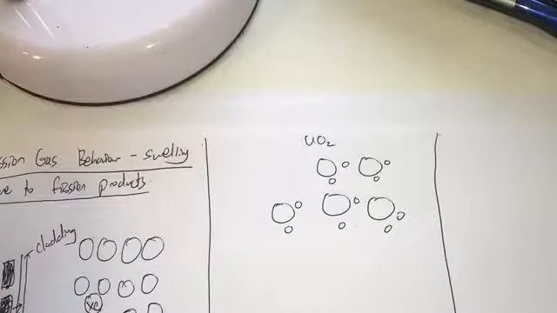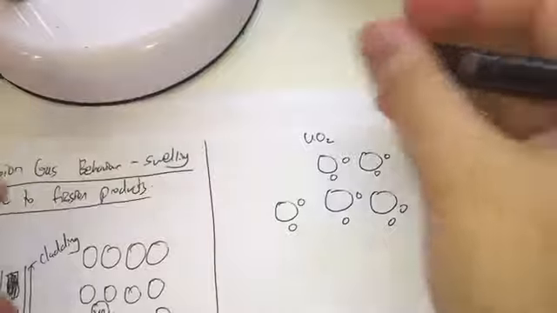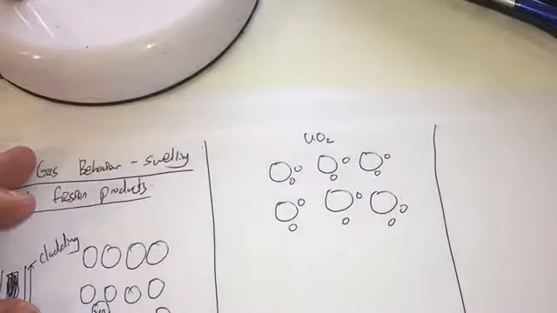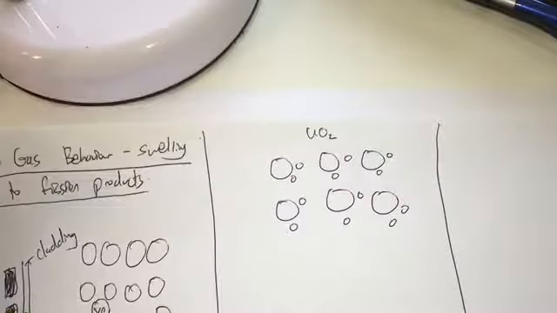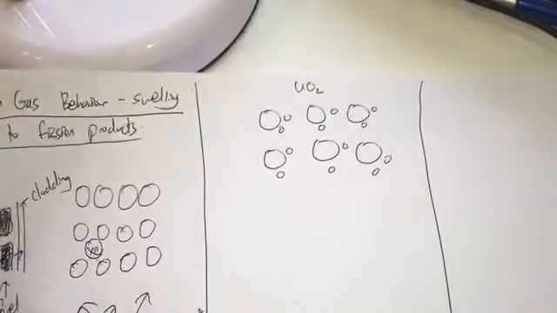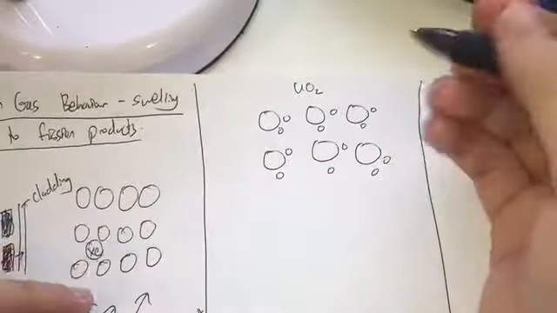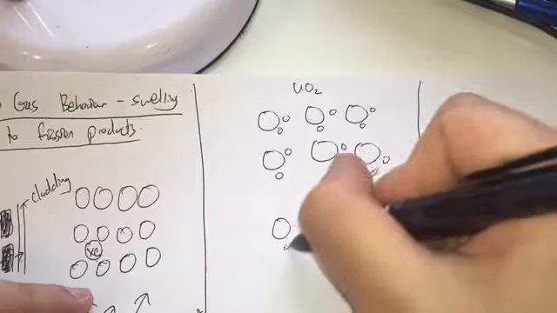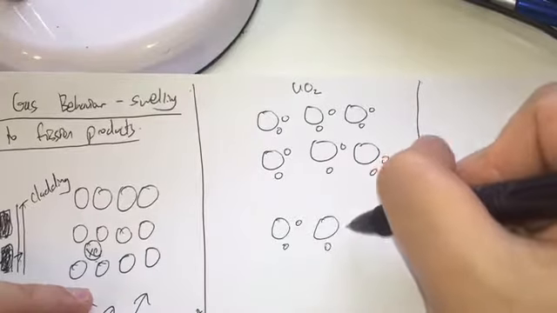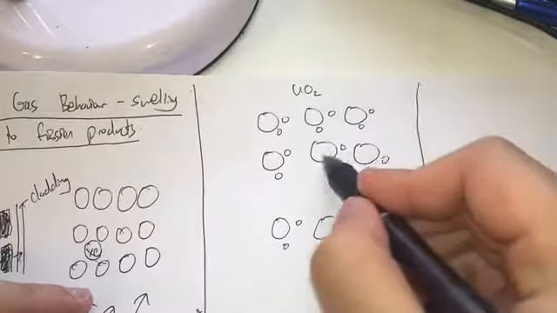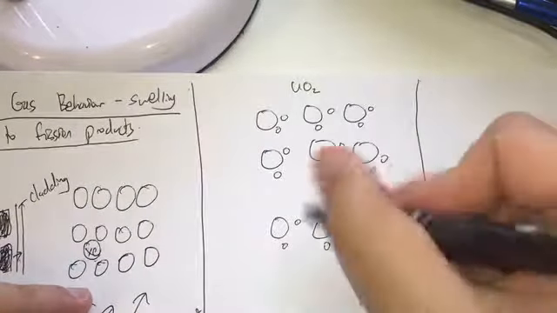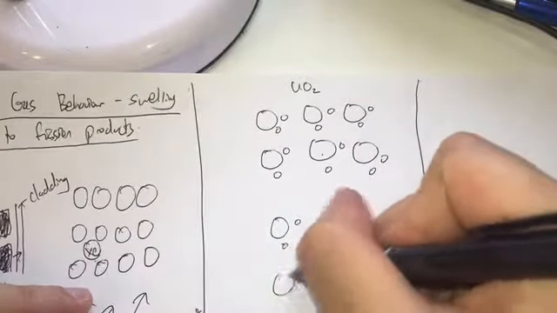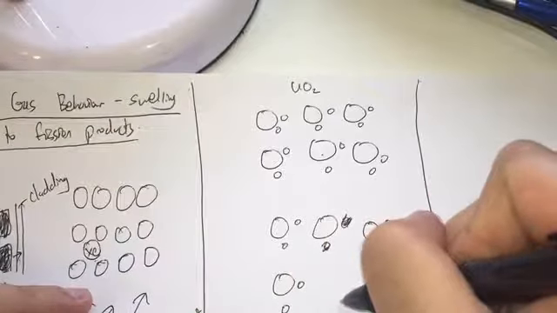So this is a regular lattice. Now what will a vacancy look like? Maybe I'll take one of these away and 2 of these away. Of course this is not completely accurate.